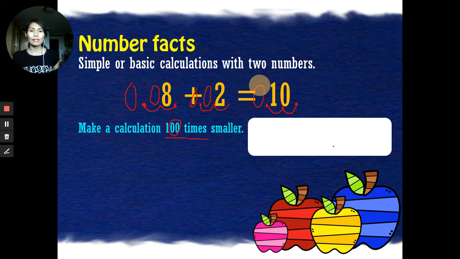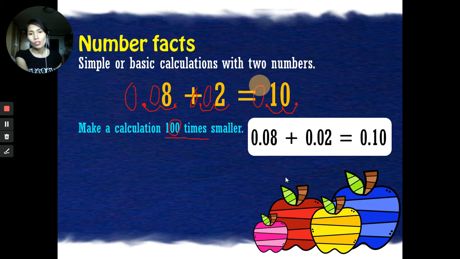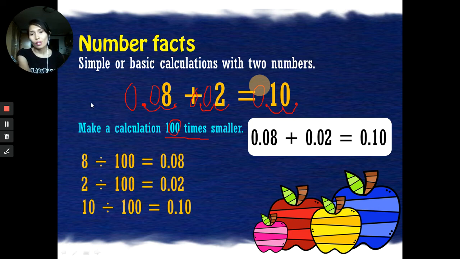All right, so let's see if we got the correct answer. 0.08, or 8 hundredths, plus 2 hundredths equals 10 hundredths. So that's how we get the answer without dividing. Just move the decimals. All right, so that's how we check our answers.